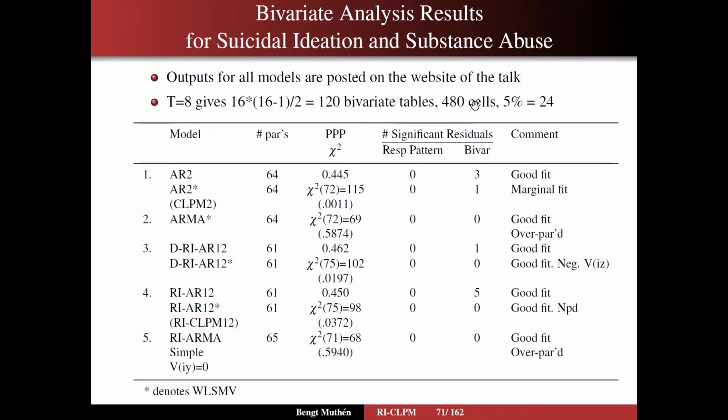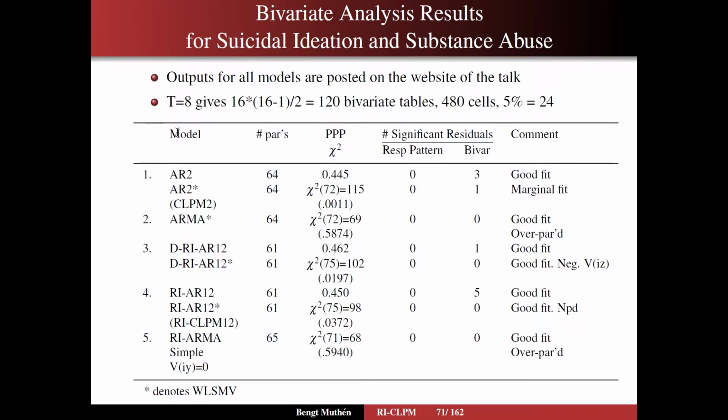So we have 480 cells that can contribute to misfit for the bivariate tables. 5% of that would be 24, so we have the rule of thumb then that we want to have less than 24 ill-fitting residuals.